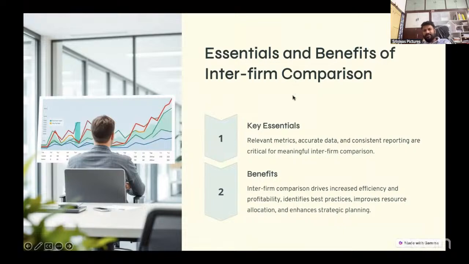First, the key essentials: relevant metrics, accurate data, and consistent reporting are critical for meaningful inter-firm comparison. Then the benefits: inter-firm comparison drives increased efficiency and profitability, identifies best practices, improves resource allocation, and enhances strategic planning.